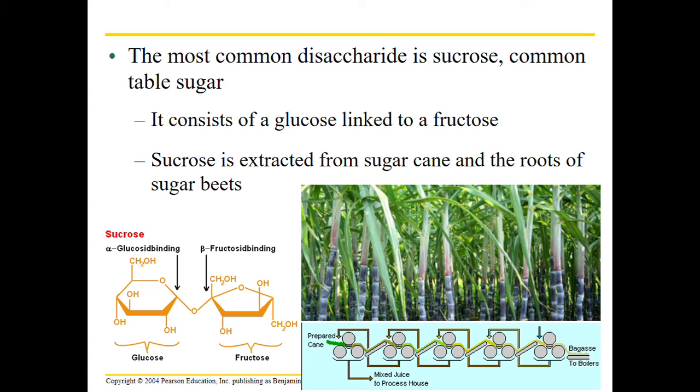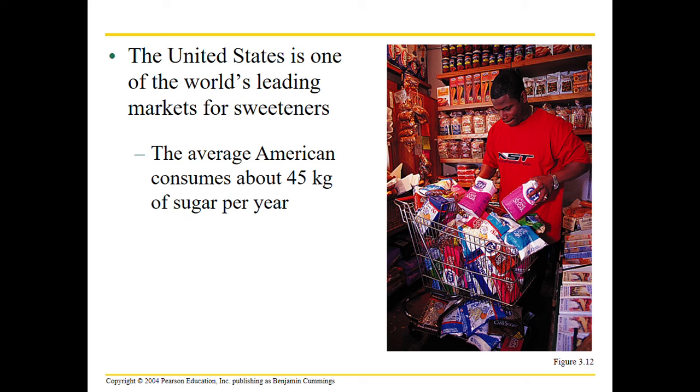This little diagram shows how the sugar cane goes through this structure and gets broken down into these disaccharides. Basically they get squished and boiled, and we get these disaccharides in the form of table sugar. Crazily enough, we eat about 45 kilograms, which is almost 100 pounds of sugar a year. That's so much sugar.